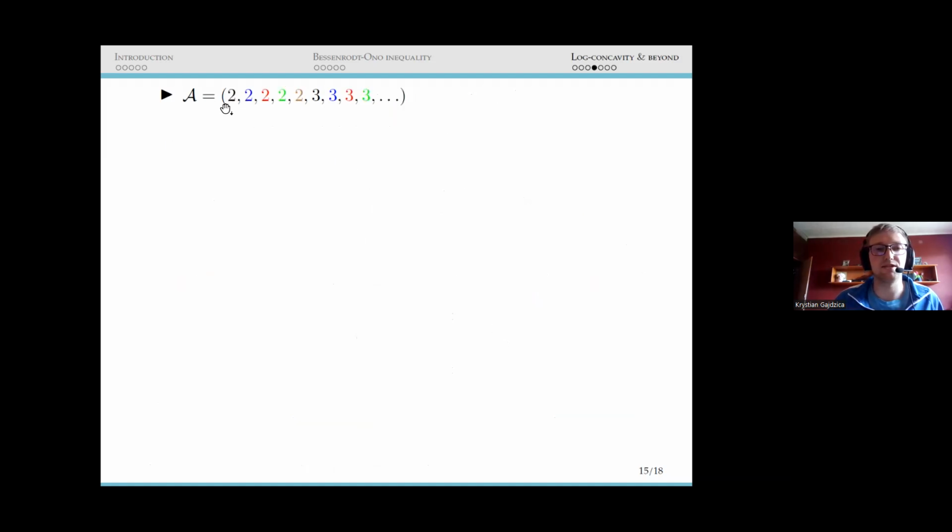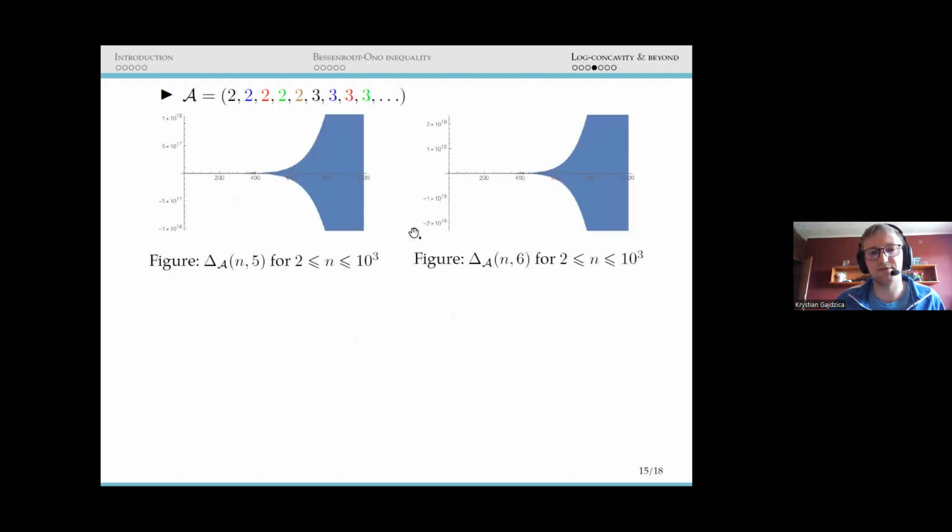Namely, let curly A be a sequence which consists of five 2s at the beginning, and after that we have at least three 3s, and further, actually whatever you like. In that case, if k is smaller or equal than 6, then once again we see that probably we do not have the log concavity for the restricted partition function.